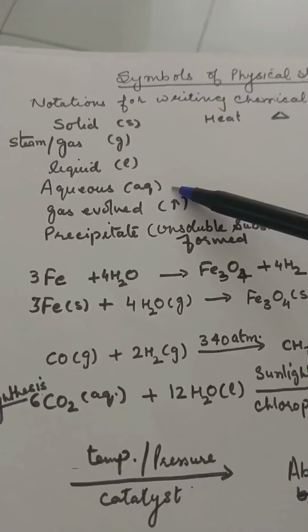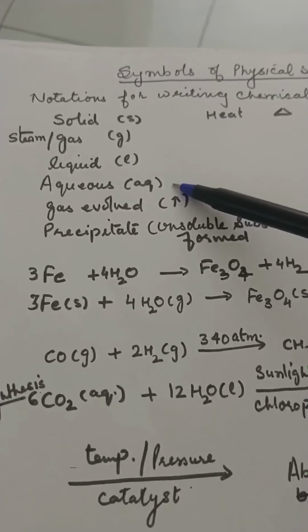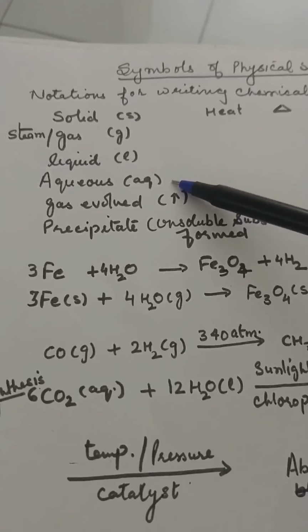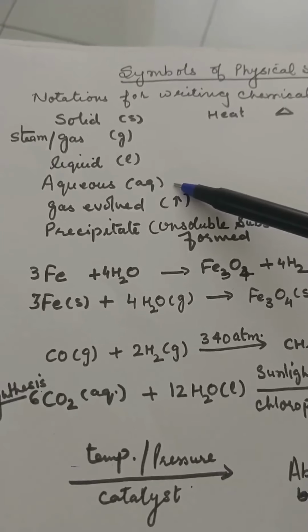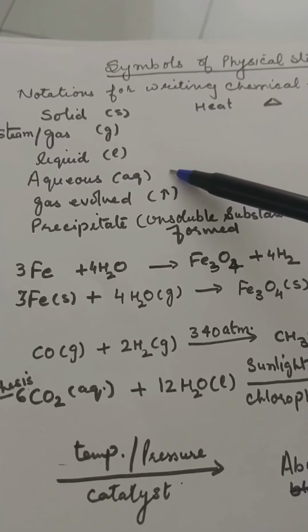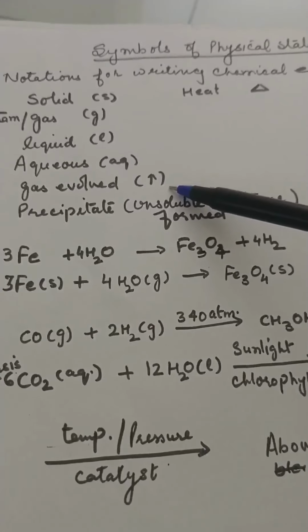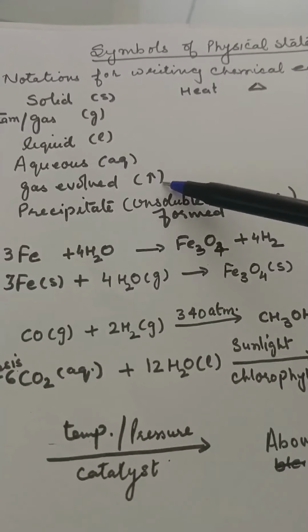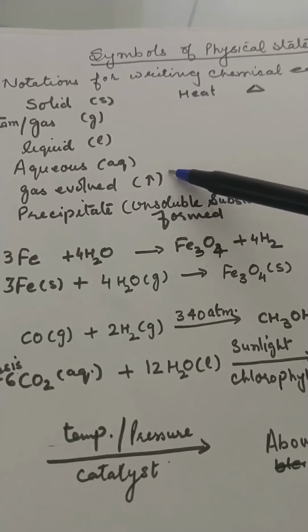Aqueous stands for any solution which is made in water. If any reactant or product is present in solution form and this solution is made in water, it is aqueous. Gas evolved is always written with a small arrow pointing upward.